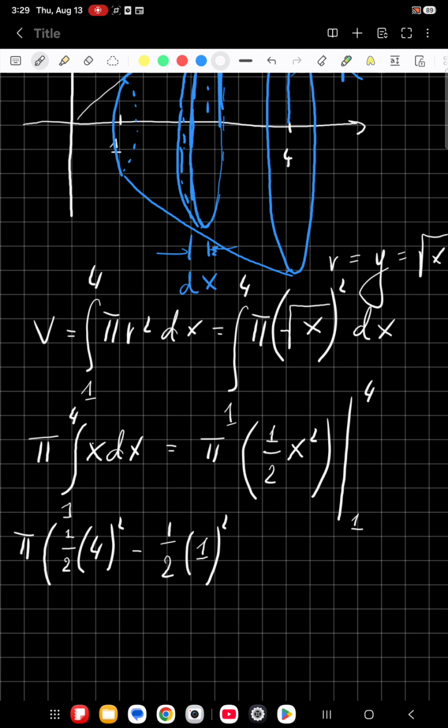Okay, so it looks like 16. Half of that is 8. So we have pi times, something's missing, this parenthesis, 8 minus half. Okay, so the answer is 15 pi over 2.